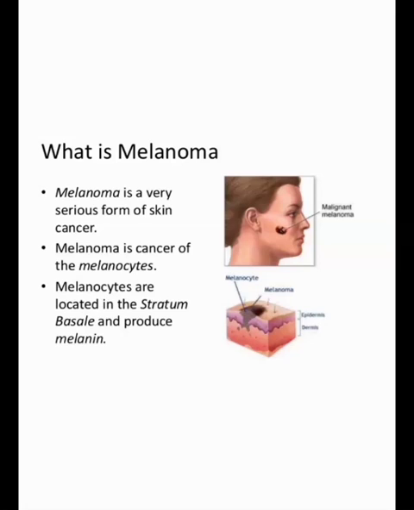In this picture you can see a blackish appearance, which is provided by the cells, that is, melanocytes. So it's a cancer of this pigment or these melanocytes. That's why it is known as malignant melanoma.